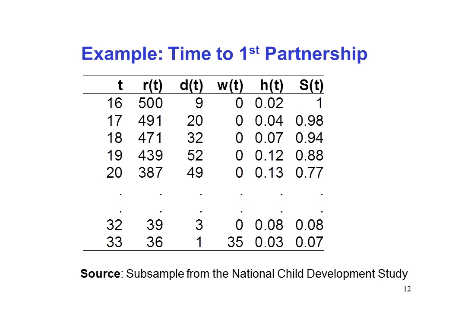And from this information, from R, D and W, you can calculate the hazard function and also the survivor function. So survival here is having survived not finding a partner, all right, and not entering a co-residential union. That's how a partnership is defined. All right. So you can see that by age 33, 7% have remained unpartnered.